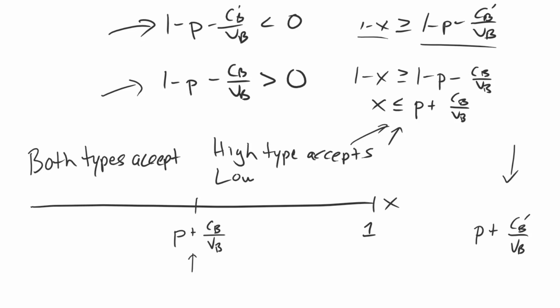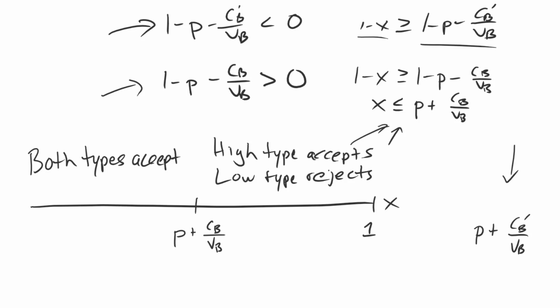But the low cost type rejects. So we have two different sets of demands that we have to look through to figure out which is the best for A. What is going to maximize A's utility?